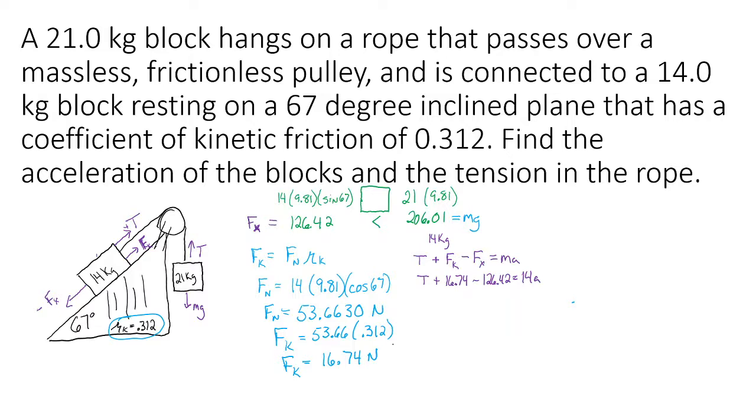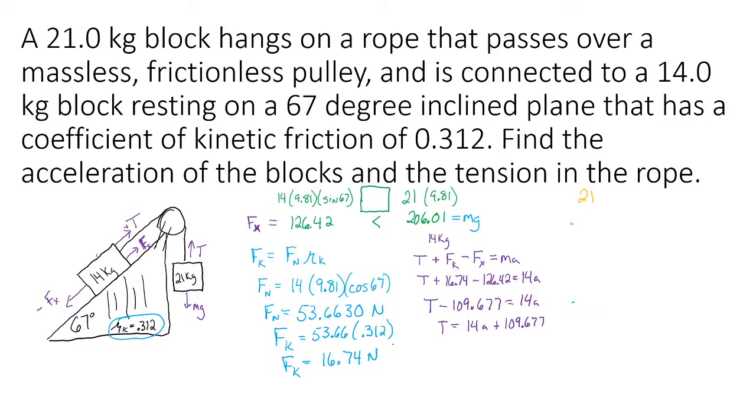So I'm going to take 16.74, I'm going to subtract 126.42, and so I'll get T minus 109.677 equals 14a. I can add that to the other side. T equals 14a plus 109.677. Now we'll begin working on block number 2, the 21 kilogram block.